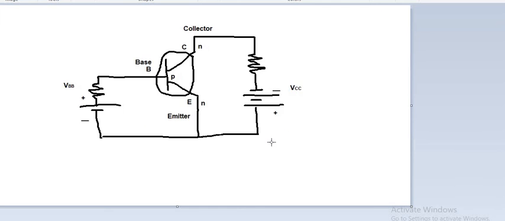We can also see this figure that I have drawn here, that this is N type, this is N type, this is P type. So how can we know what is the type of this transistor?